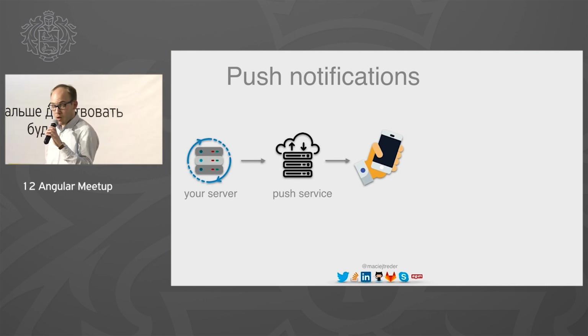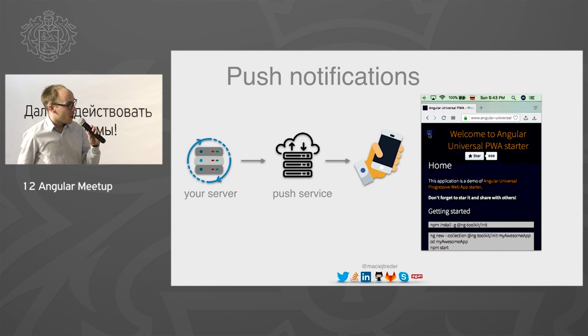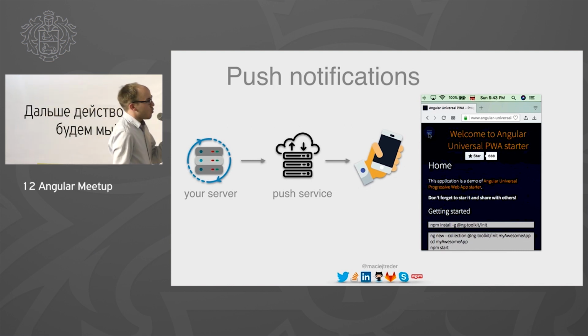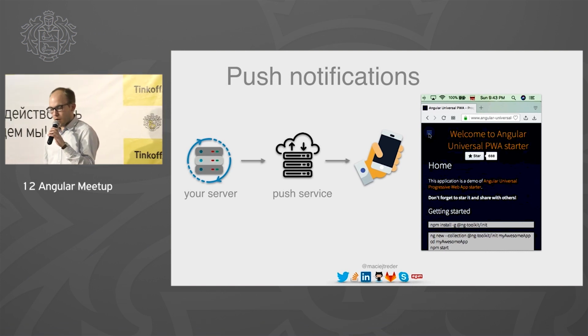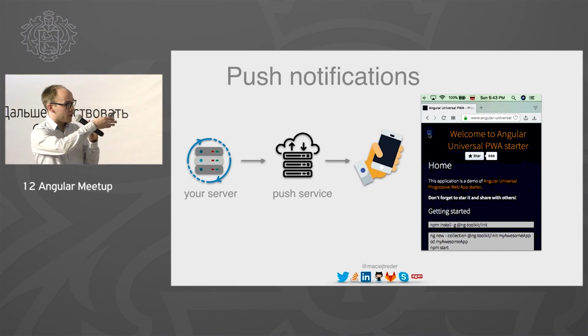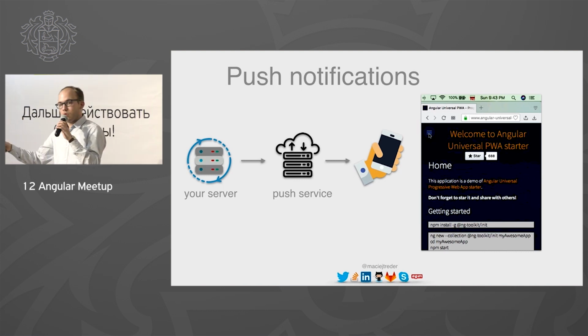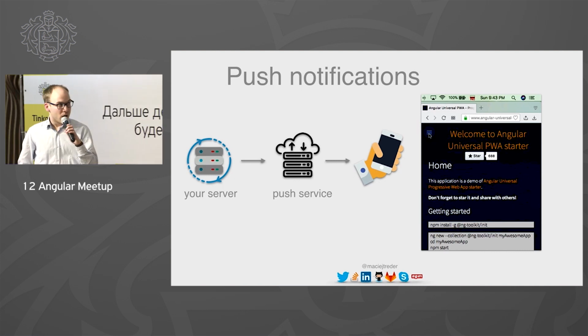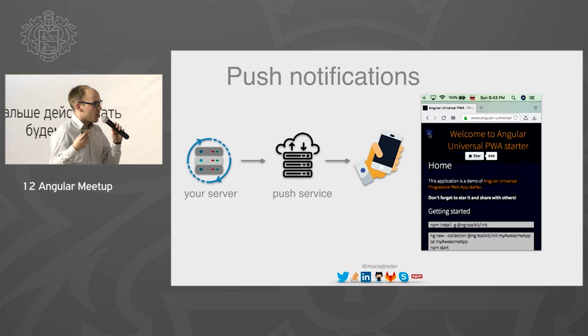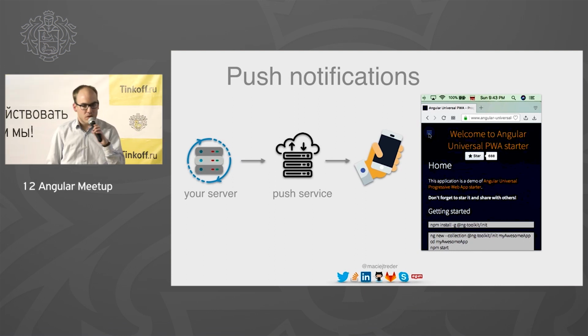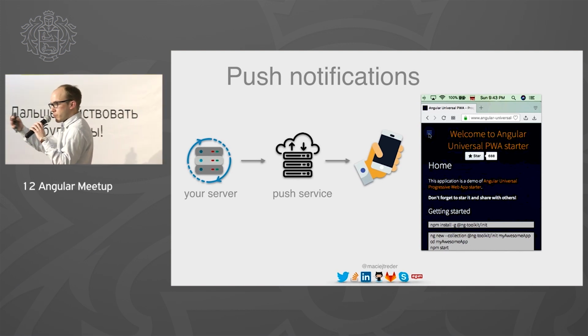This is how they look. To achieve that, we also need a backend. We are using the push service of the provider, Google or Apple, and Google or Apple takes care of their devices, of their clients receiving the push.